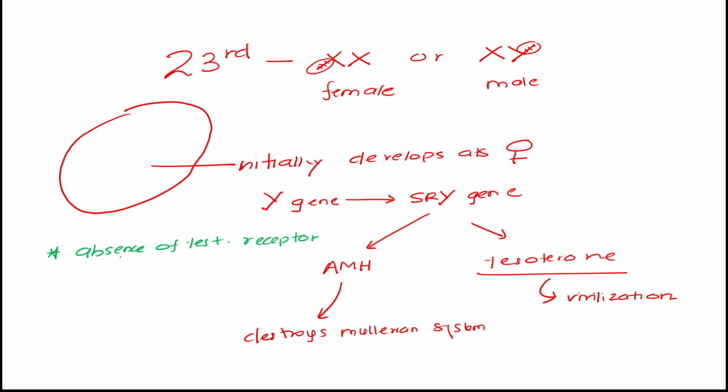Therefore, these individuals do not bear the characteristic features of a male. Yes, they have testes, but they will not develop secondary sexual characteristics. They will not develop any facial hair or bodily hair. The enlargement of the scrotum would be much smaller, and spermatogenesis will not take place. Therefore, they are sterile.